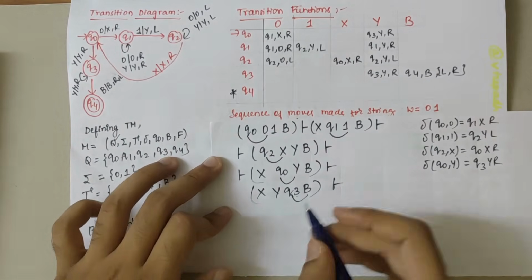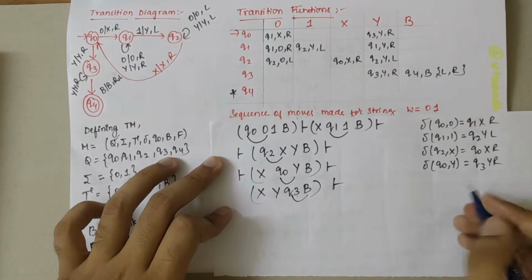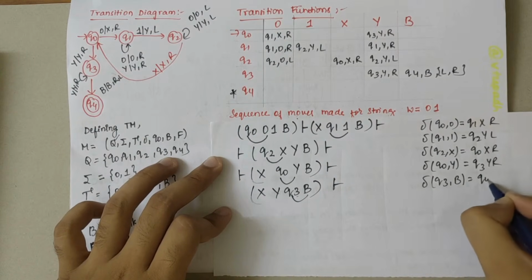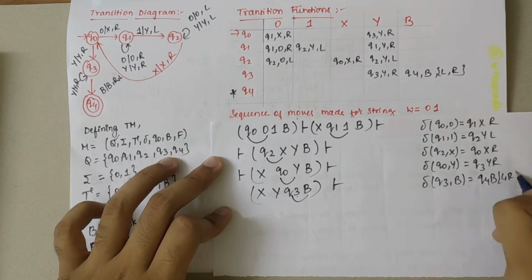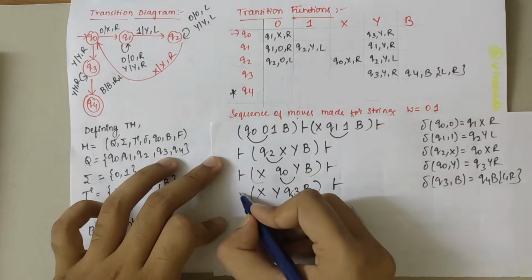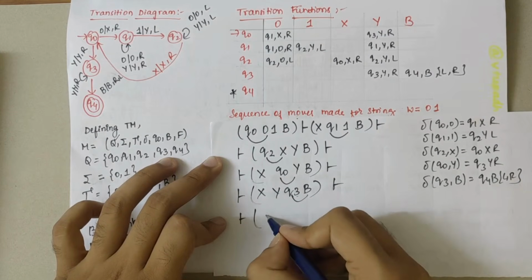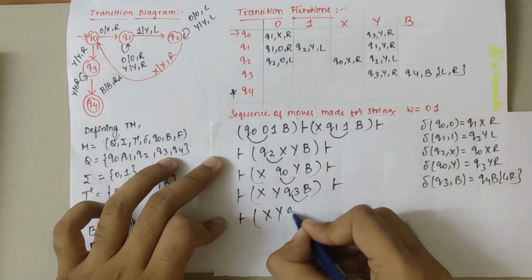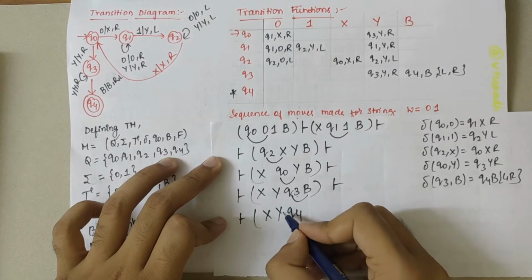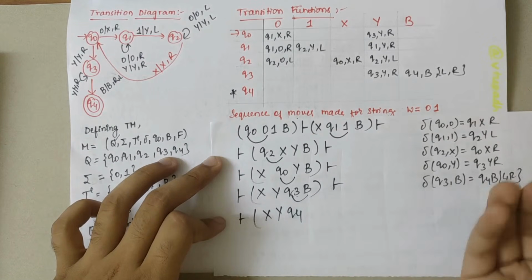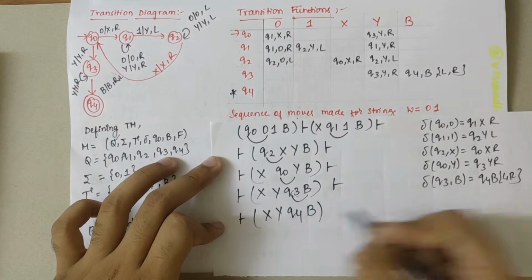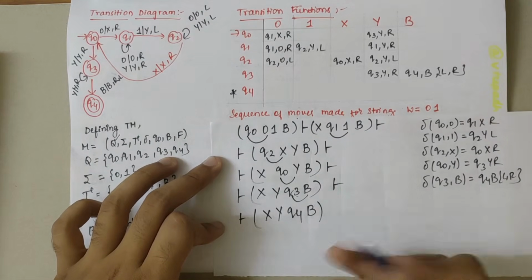So again Q3 and B. Q3 on B I get Q4, B, L or R. So I can write X, Y, Q4 and B. Left or right, it depends.